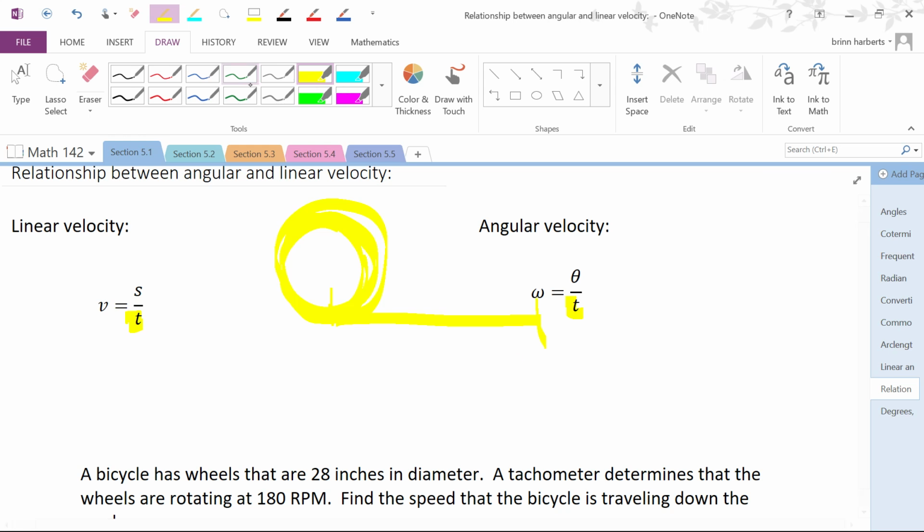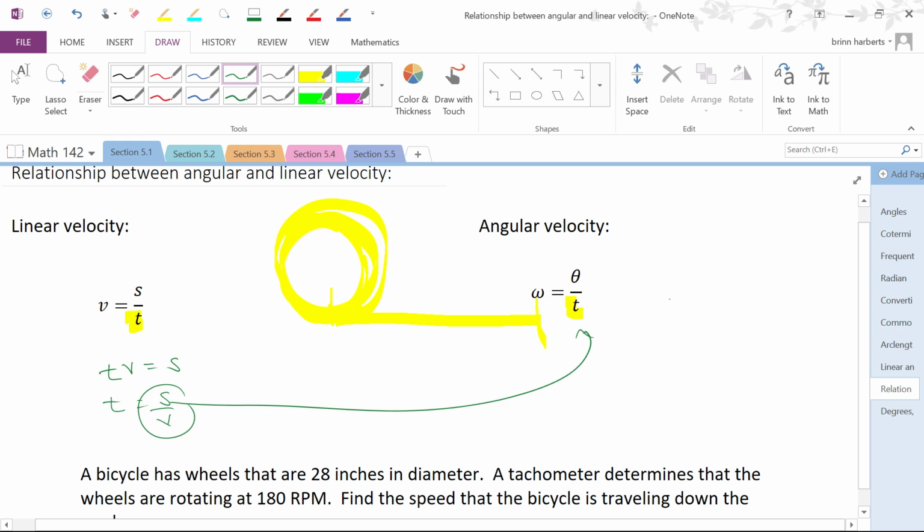Okay? So I'm going to solve this for t. T times velocity equals arc length. T equals arc length over velocity. And I can plug that in here. Maybe I'll write this way: t times omega equals theta. Time times angular velocity equals the angle. I'll put this s over v in for t.